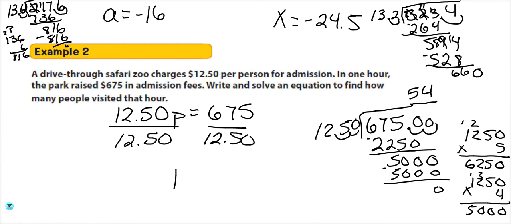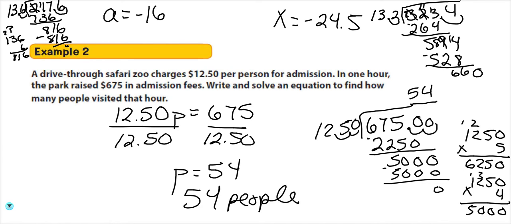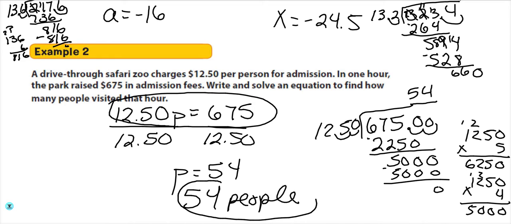So we have P equals 54, and in this case it actually meant something, so we need to say it was 54 people. Okay. Now this one actually has two answers because it wants the equation and the answer. All right, go ahead and finish up, and let's turn the page.